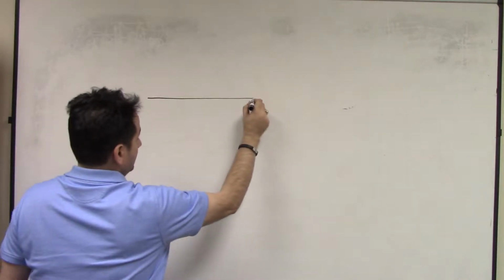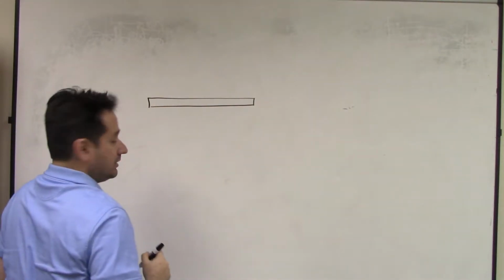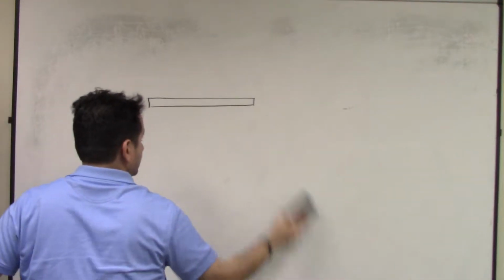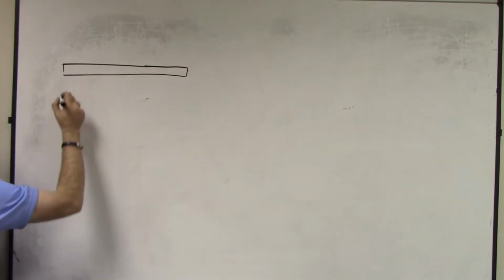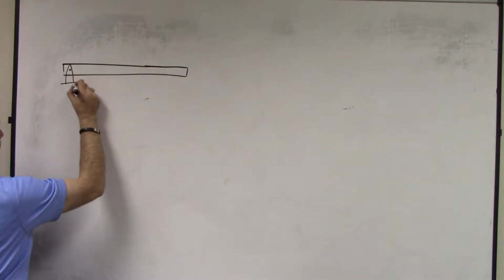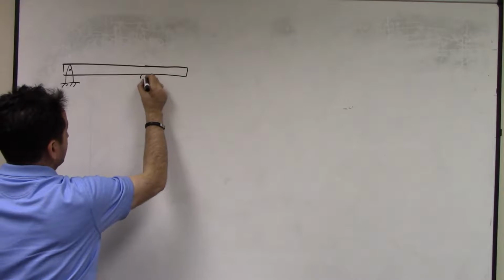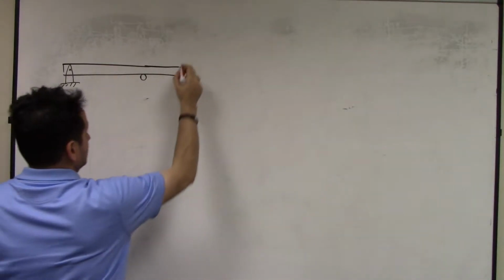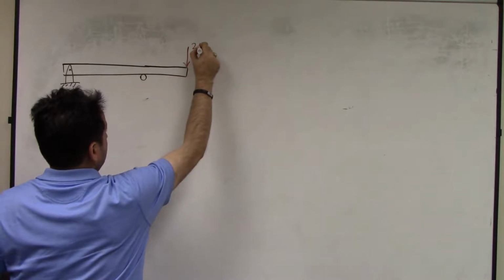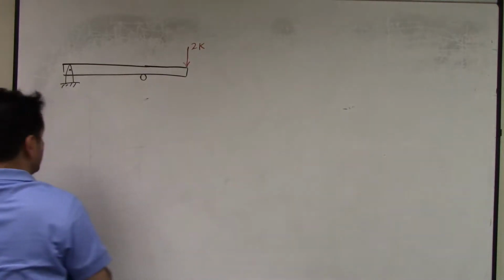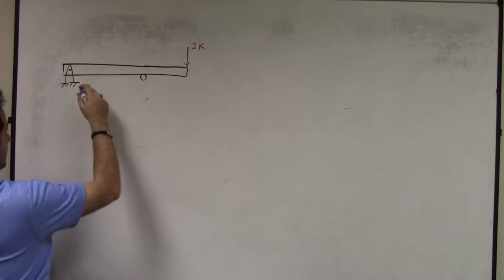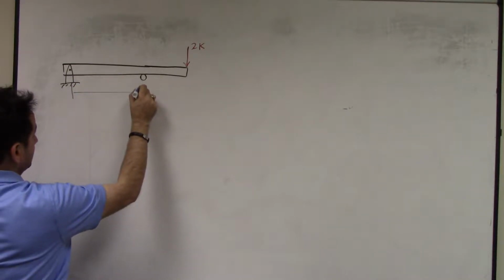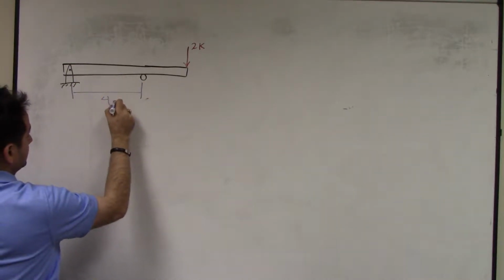Let's say in this example we have, let me write it here, using all possible area of the whiteboard. So this is my beam, and this point is a pin, this point is a roller, and there is a force 2K here. From here to here is 4 meters.